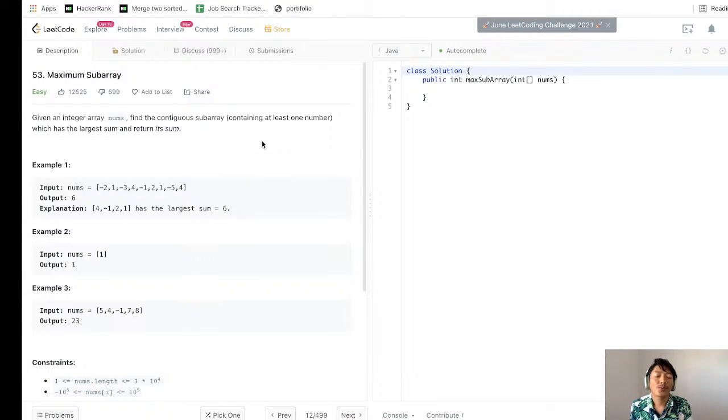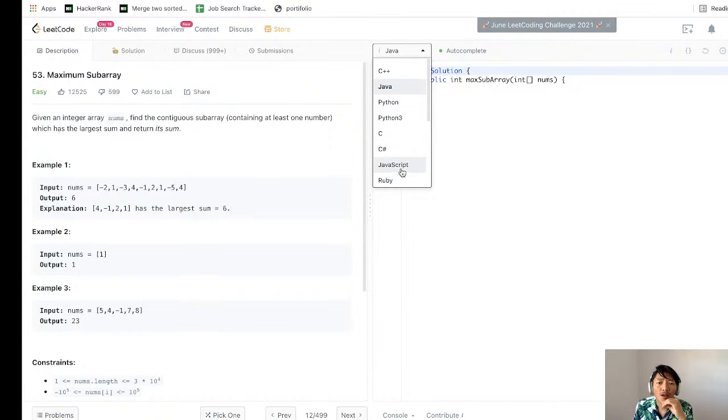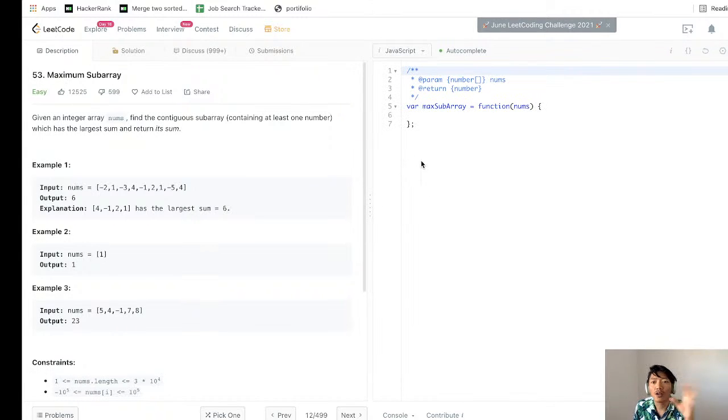Yep. So today we are going to solve one of the Leetcode algorithm challenges. Let's get right into it. It's not a tutorial. It's not a how-to.